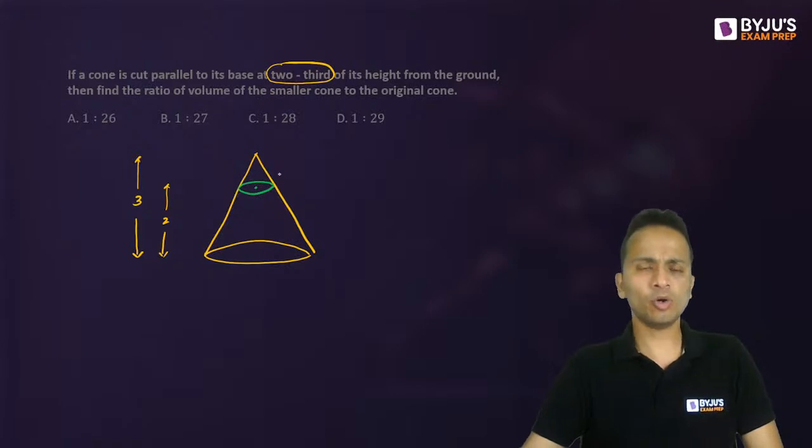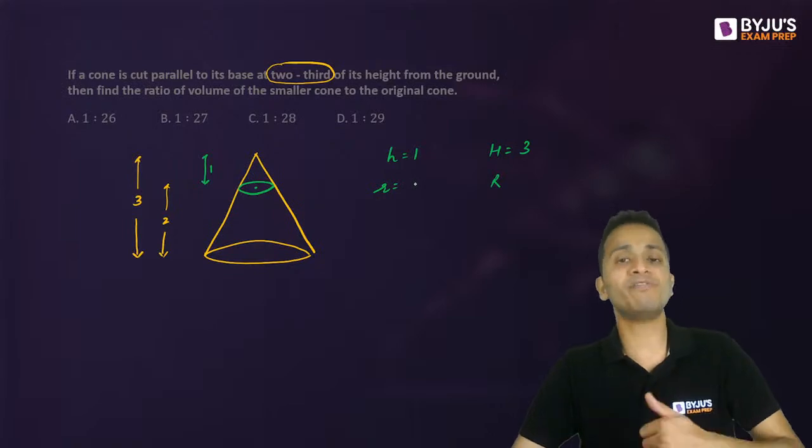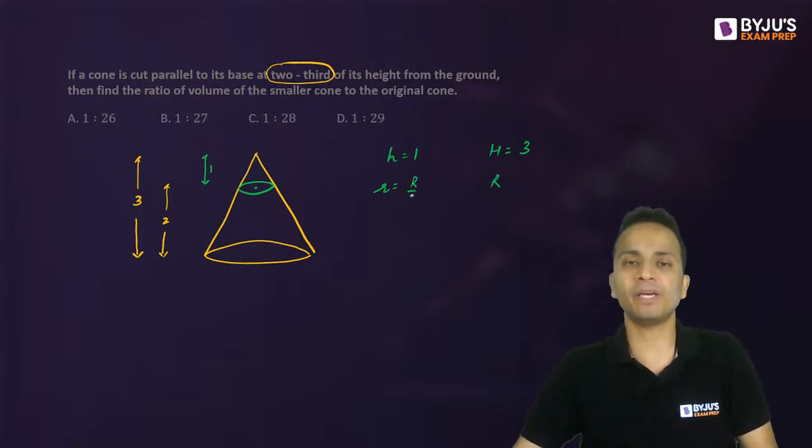Now the height of the smaller cone will be equal to 1, right? So the height of the smaller cone is 1 and the height of the bigger cone is 3. Whatever be the radius of the bigger cone, the radius of the smaller cone will also be 1/3 of it.